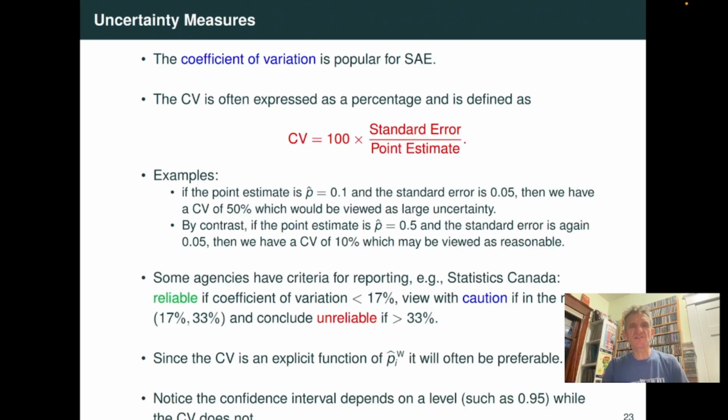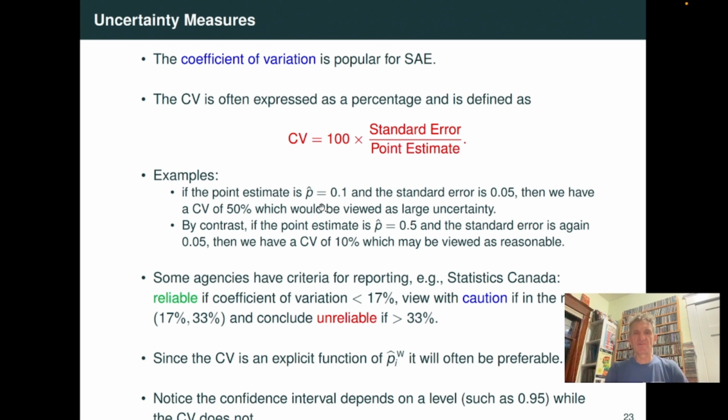Something that tries to get over that lack of dependence on the point estimate is known as the coefficient of variation, and this is very popular in small area estimation. The coefficient of variation is given by the standard error divided by the point estimate, so the square root of v divided by pi hat w. There's a couple of examples here.